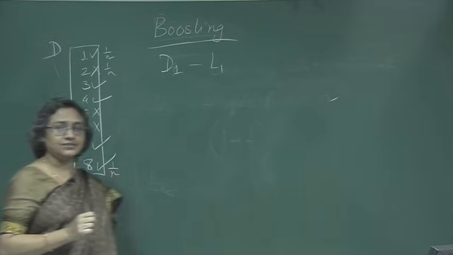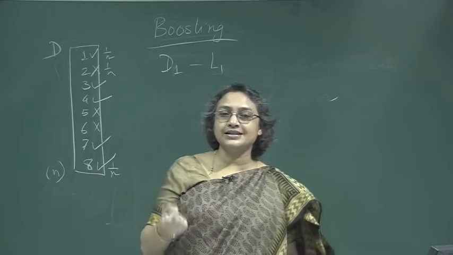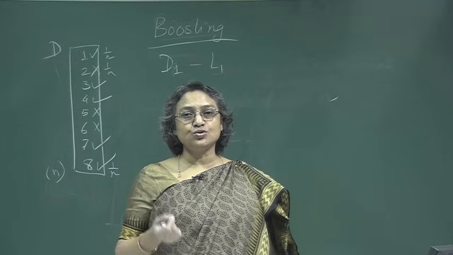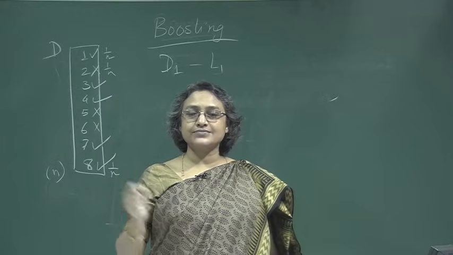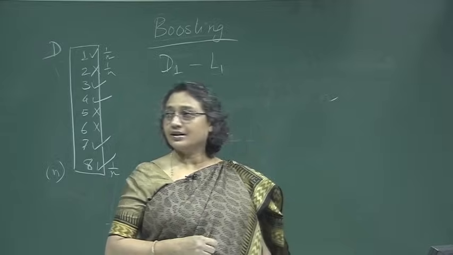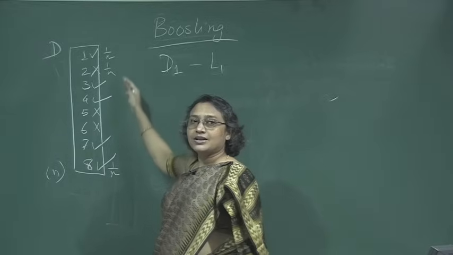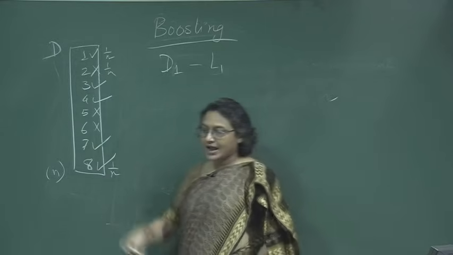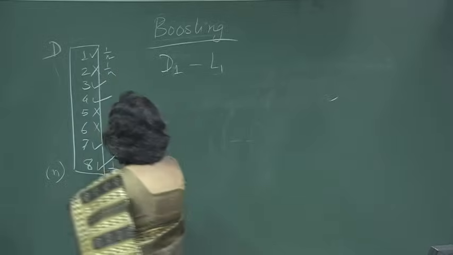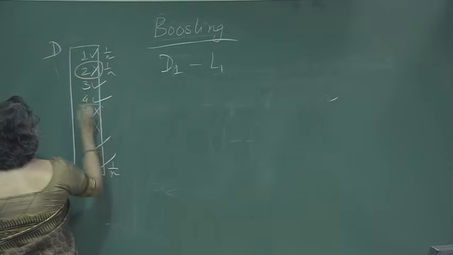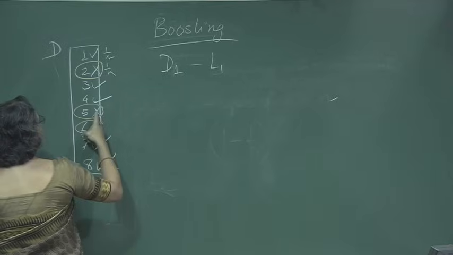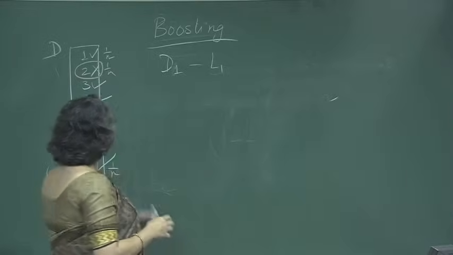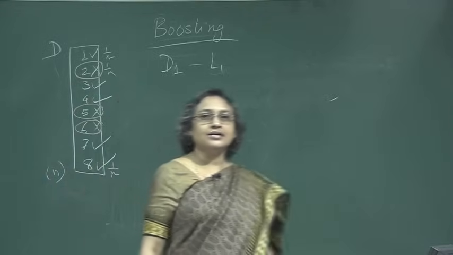Now, what we want is that we want the next learner to have independent errors, and we want the next learner to do well on those instances where the current learner has not done well. So, now what we will do is change the probability distribution, and more specifically, we identify those instances which were wrongly labeled by learner 1, and we will increase the probability of these instances, and those which were correctly labeled, we will proportionately reduce the probability.